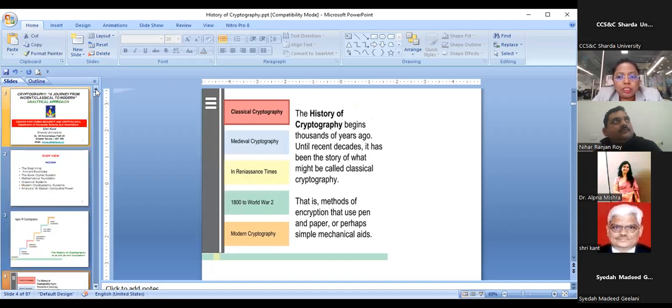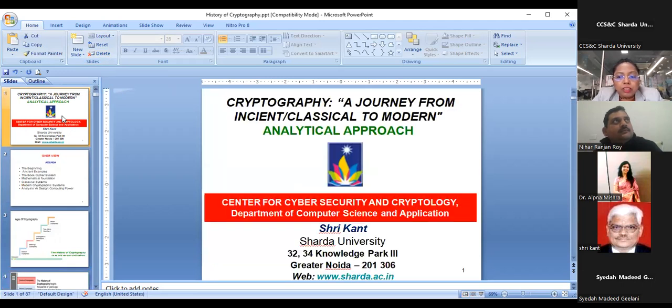Dr. Shrikant received his PhD in Applied Mathematics from BHU in 1981, and then he started his career as technical assistant. During his 35 years of service, he completed many projects. He is also the head of the Center for Cybersecurity and Cryptology at Sharda University.